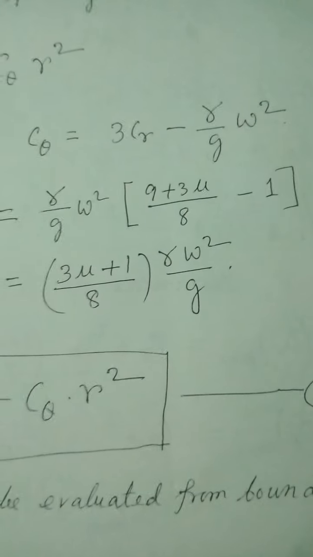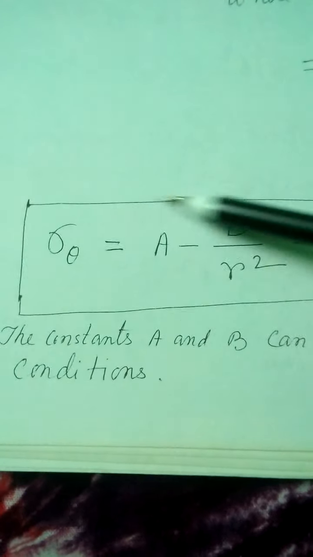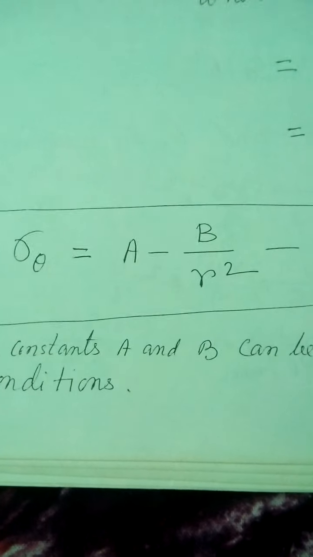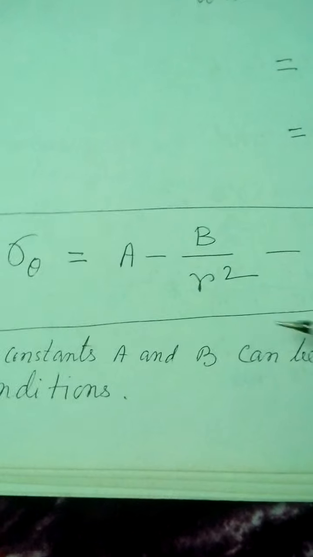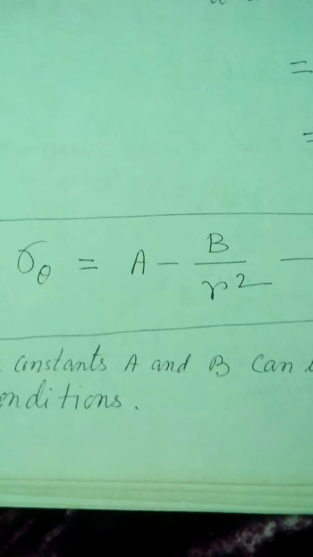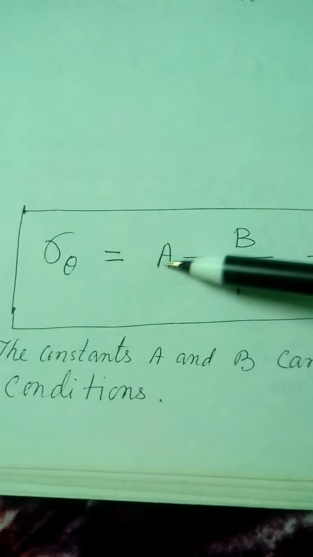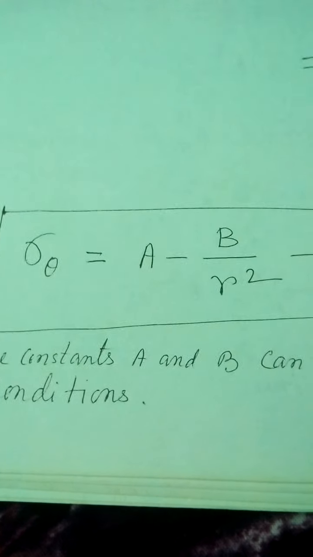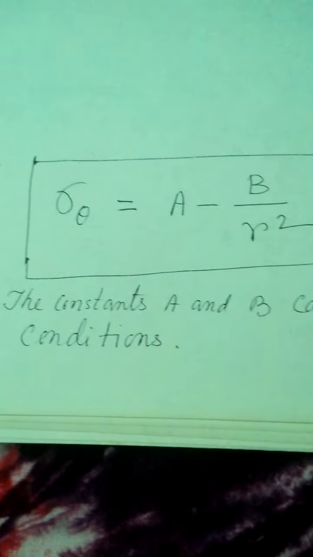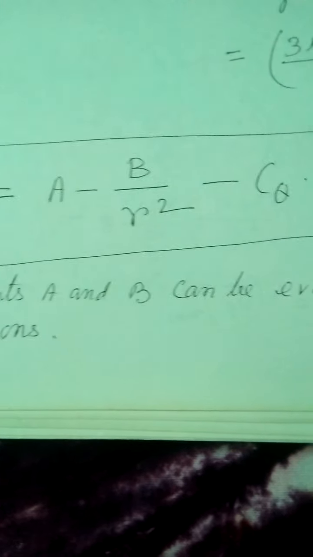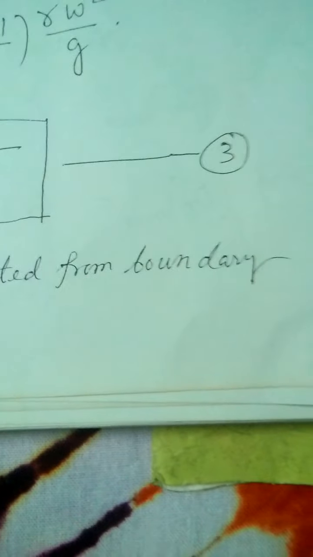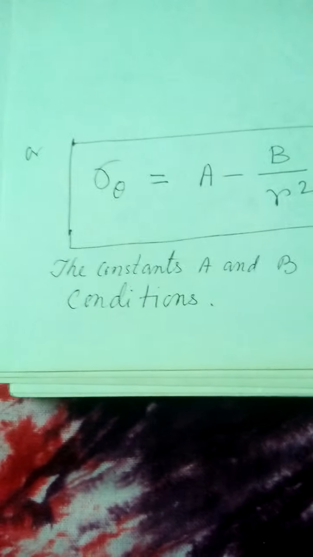Okay, so you should remember this equation. For the numerical problems you need this equation. If you remove this part, this will be the thick cylinder part. The constants a and b can be evaluated from the boundary conditions. Okay.